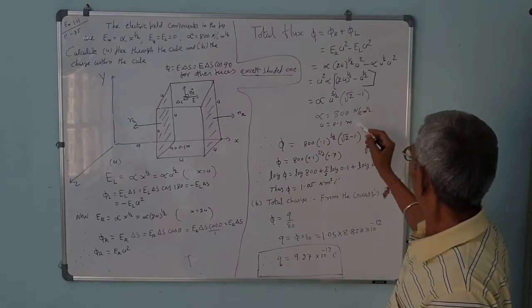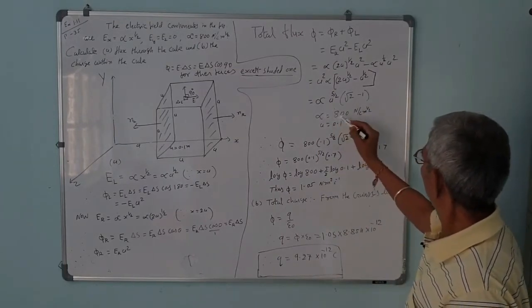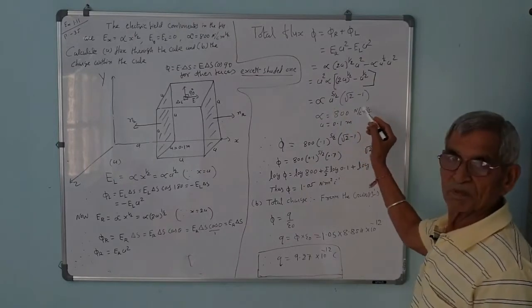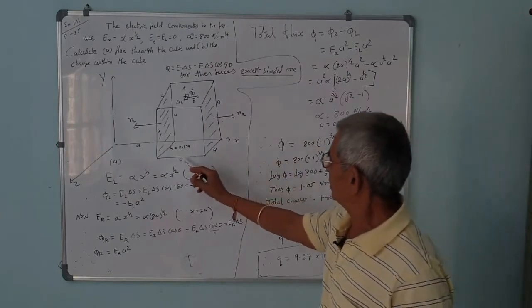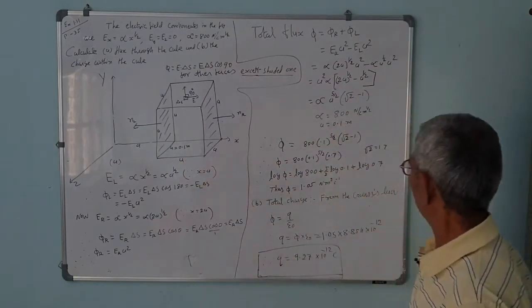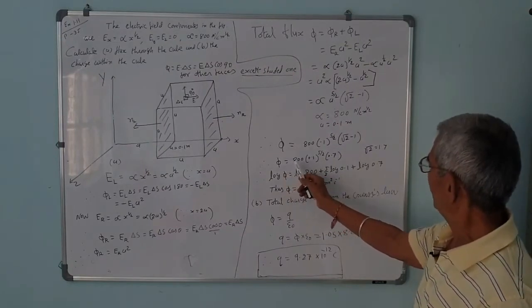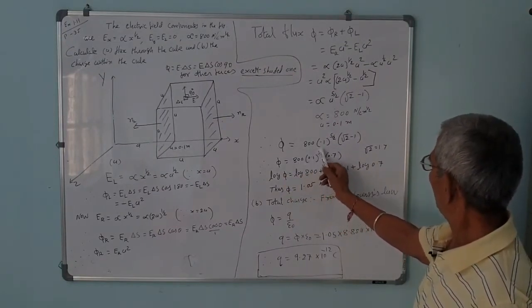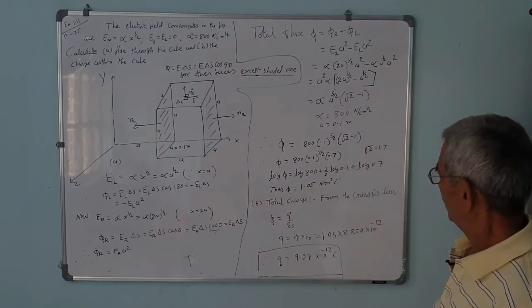Under root 2 has value 1.4, so root 2 minus 1 is 0.4; alpha is 800 Newton per coulomb meter raised to half, and a, the side, is 0.1 meter. Introduce the values and calculate the value of phi. Phi is equal to 800 into 0.1 raised to 5 by 2 into (1.7 minus 1), that is 0.7.